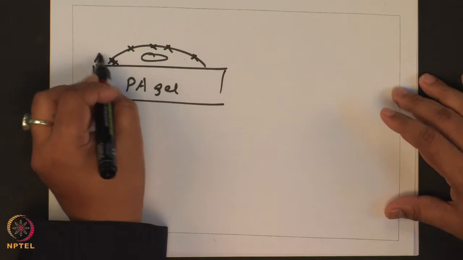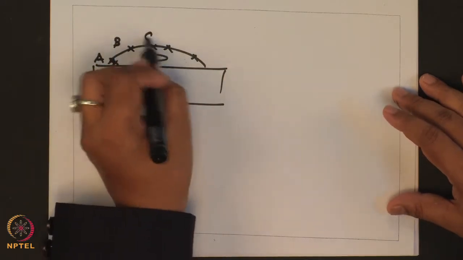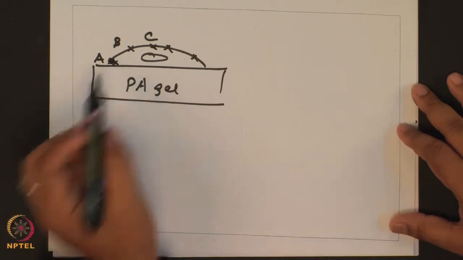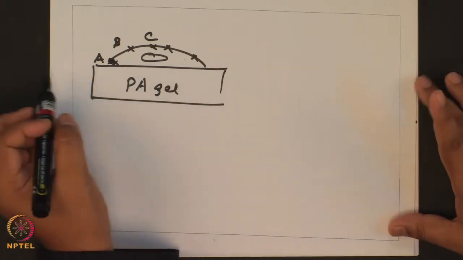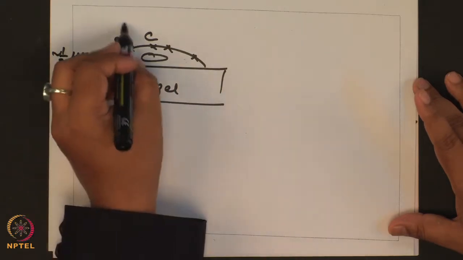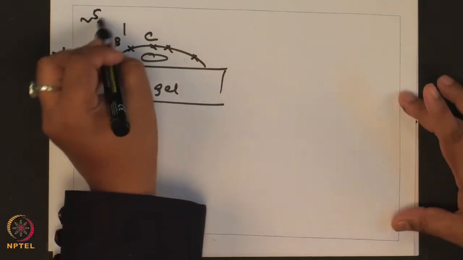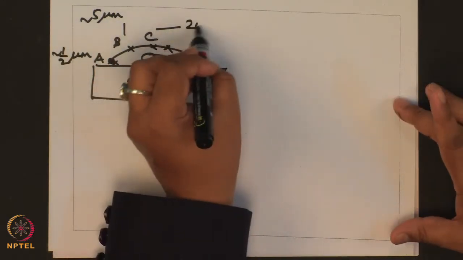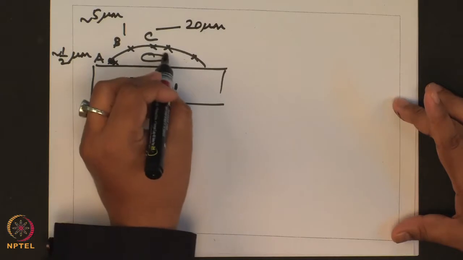Let us compare the points A, B and C. Okay. At point A, the thickness of the cell might be of the order of half micron. At point B, let us say 5 micron, and at point C, the thickness of the sample might be 20 microns.